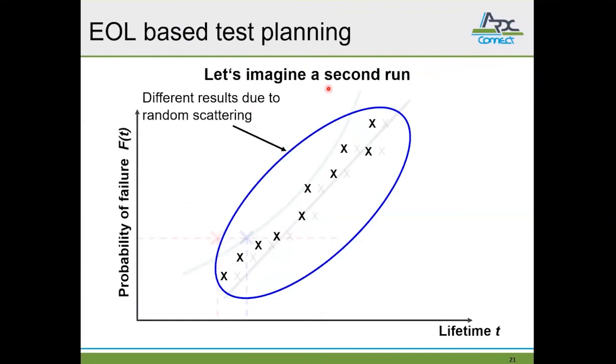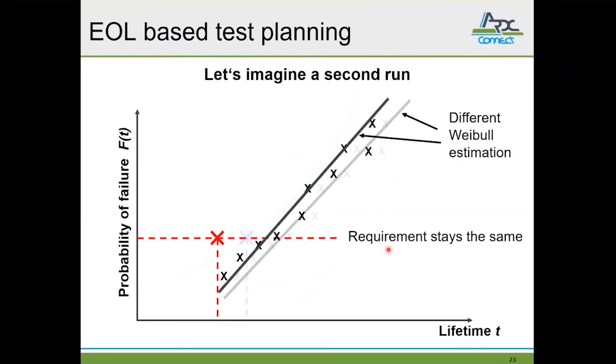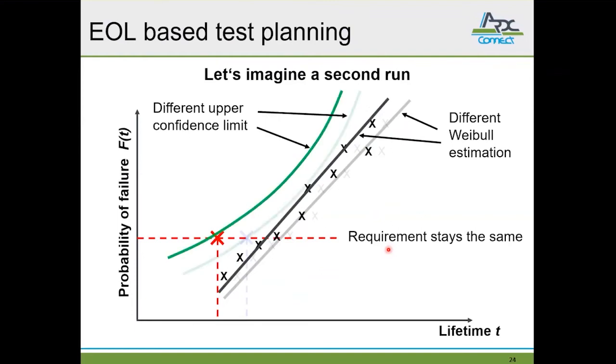Due to the stochastic nature of lifetime, we will get slightly different results, not the same lifetimes as in the first run. The requirement for sure stays the same, but the Weibull distribution can also change a little bit, and also the estimation for the upper confidence limit.